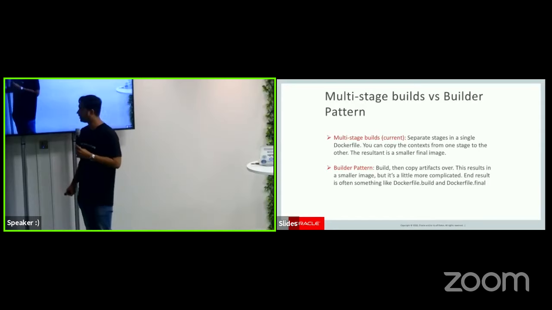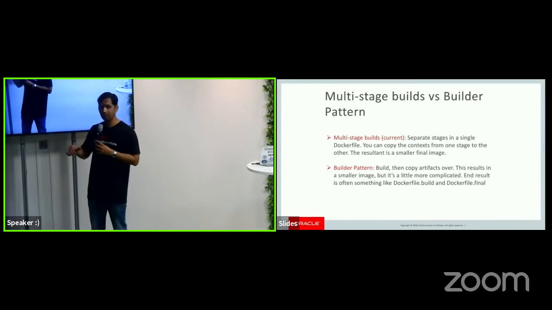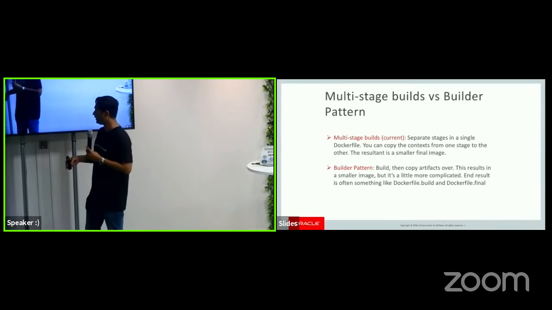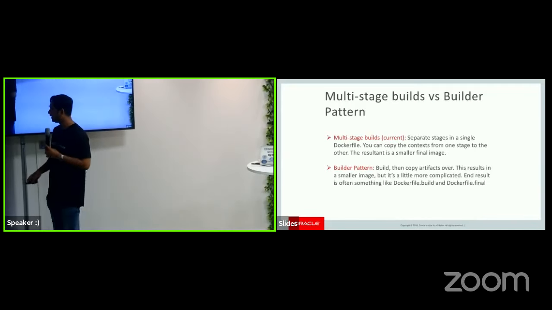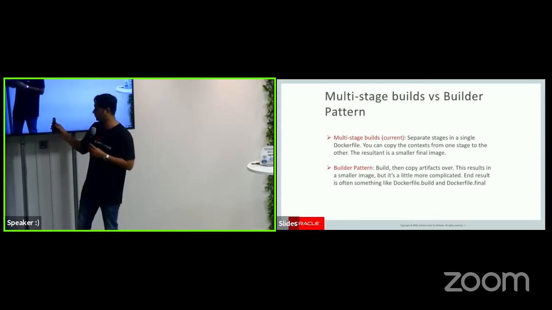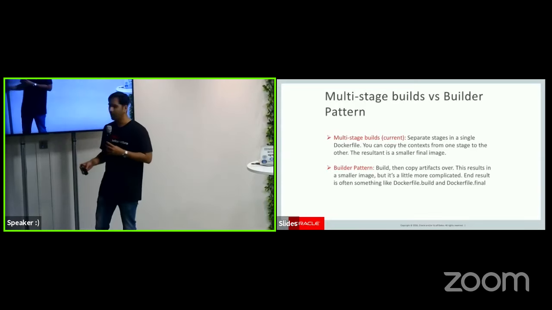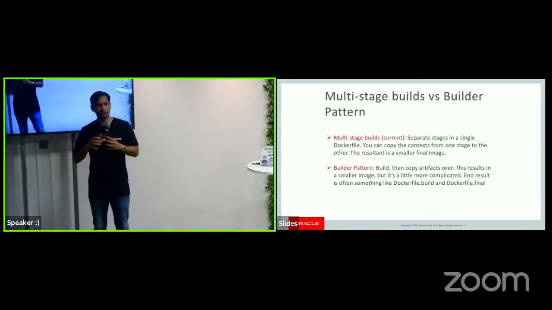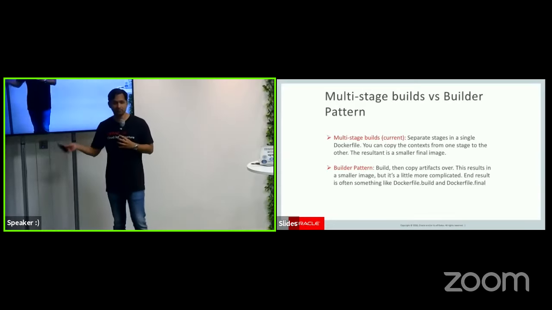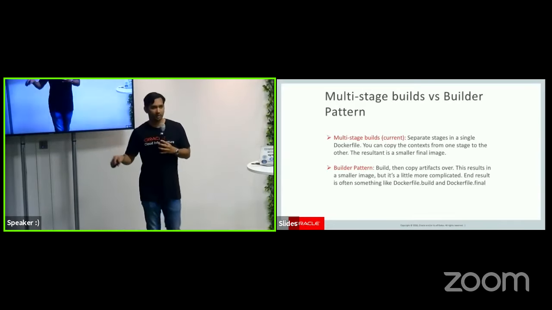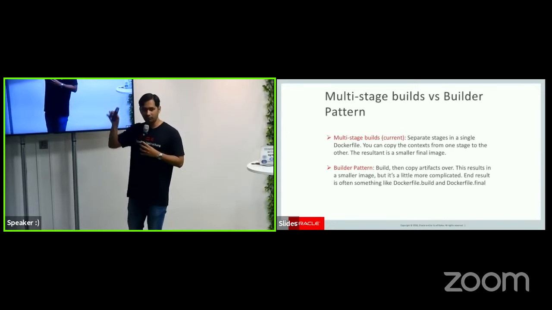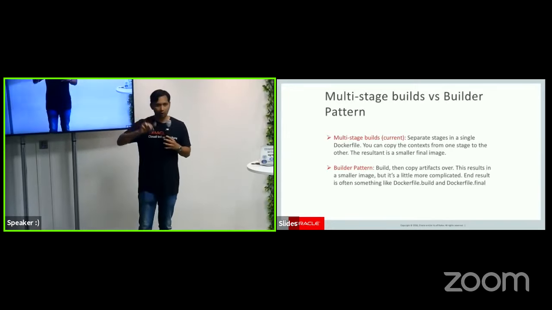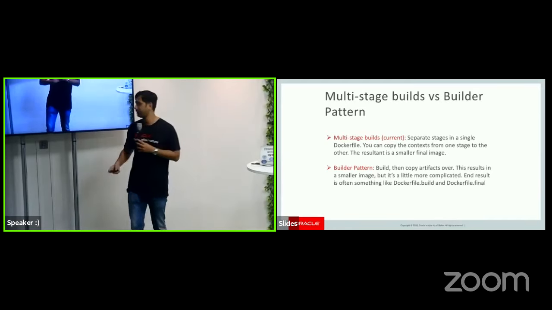The builder pattern is to build, then copy the artifacts over, and the result is a small image, but it's a more complicated process, as I said. The end result is often something like Dockerfile.build and Dockerfile.final, so you have multiple Dockerfiles. But with Docker multi-stage build, we're going to have just one single Dockerfile, and we will use the FROM statement to copy the context over and over to the next layer.